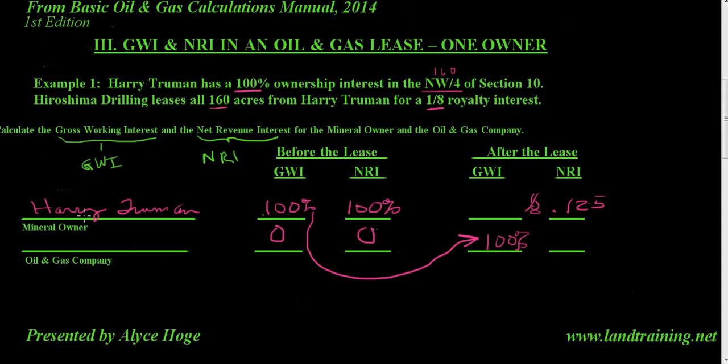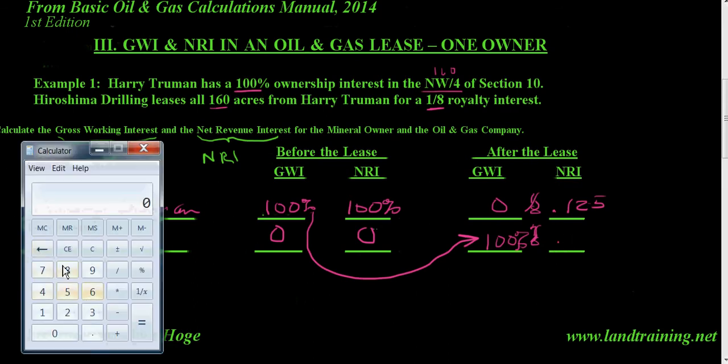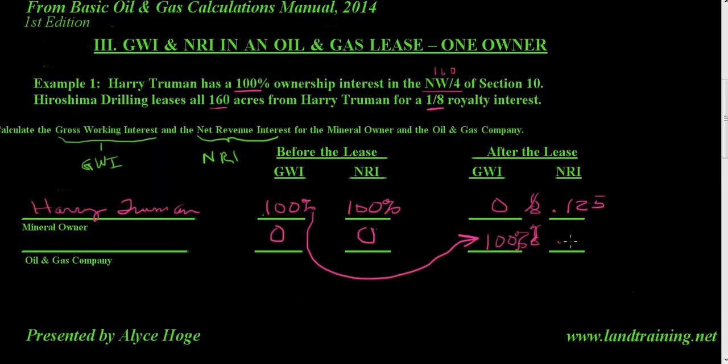That leaves the mineral owner with zero, with none of the gross working interest. And the net revenue interest for the oil and gas company is going to be 7/8 because 1/8 and 7/8 equal 8/8. And if we calculate that out, that's going to be 7 divided by 8 equals a 0.875 interest.